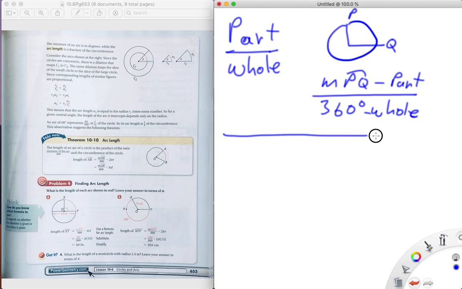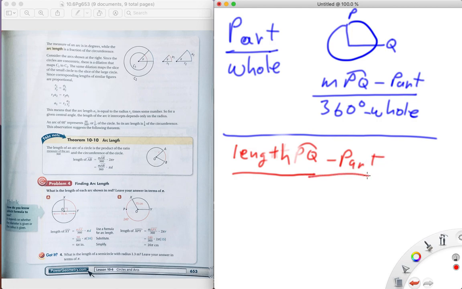Then we have another fraction, which they call the length. We're going to use the same circle. This is going to be the length of PQ. And if the whole circle in degrees is 360, then the whole circle measured in units is 2 pi r.